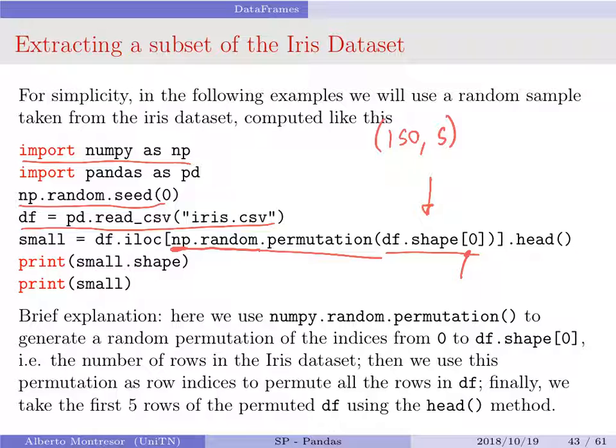So it's a tuple, so if I say tuple square bracket 0, I'm taking the first element, 150. So this value is 150. A permutation of 150 is a random permutation of all the numbers between 0 and 149.